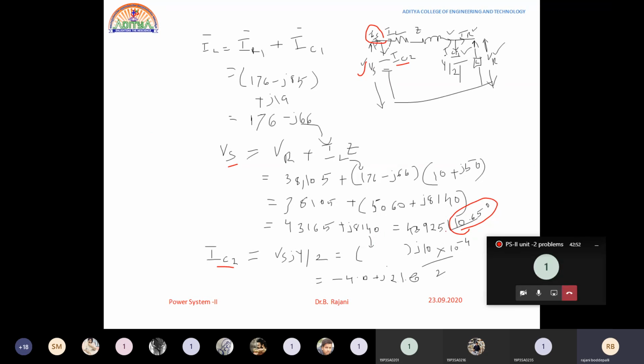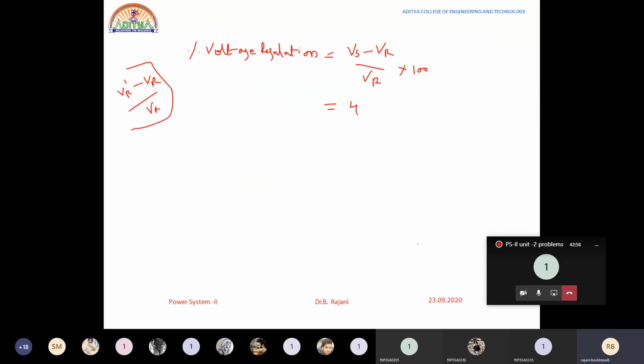The magnitude of this is 43925, the magnitude of this one, 43925. So straight away you put that value, 43925 minus the receiving end side voltage. What is it? VL by root 3, that is 66 into 10 cube by root 3.